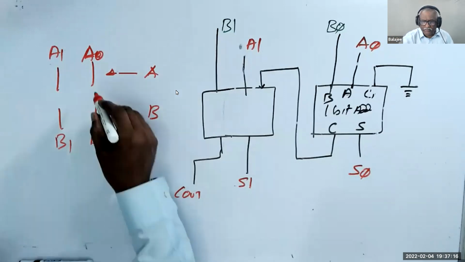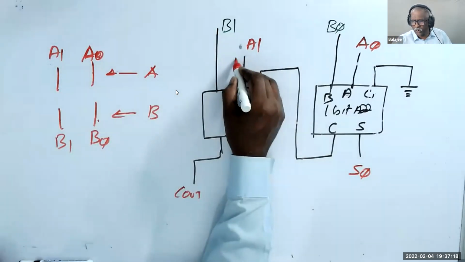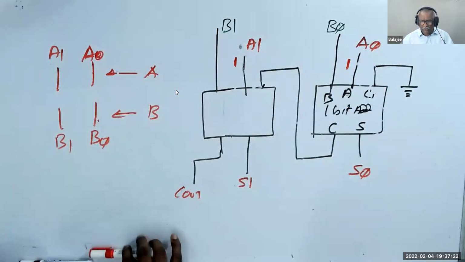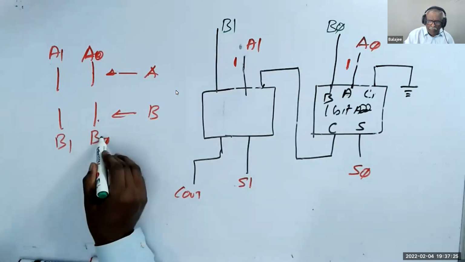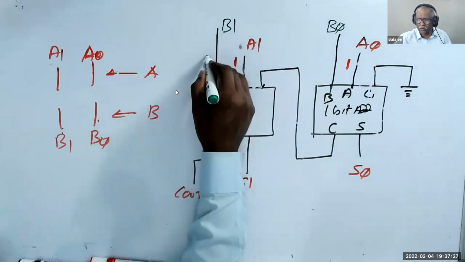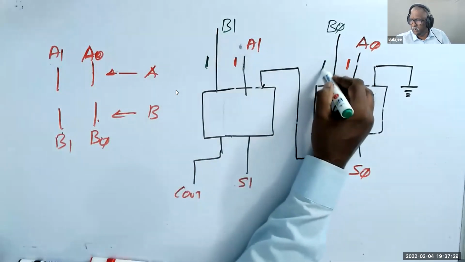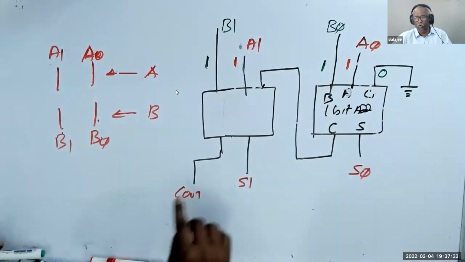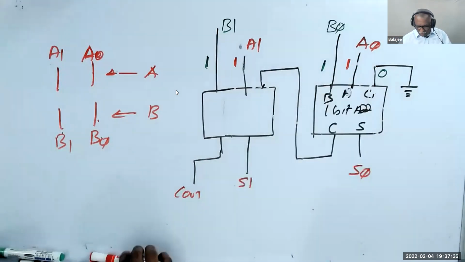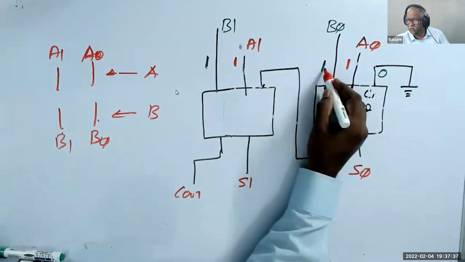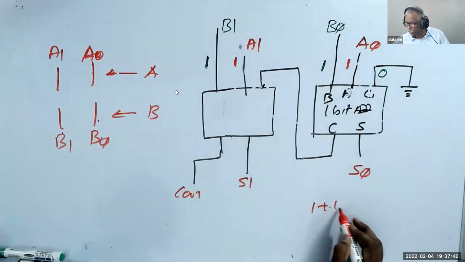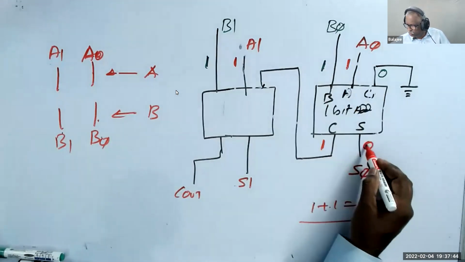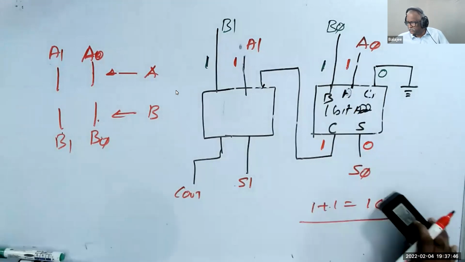So this becomes 1, 1. So this is 1, this is 1. And B0 is 1, B1 is 1. And this is 0 now because we grounded it. And this we don't know. When you add 1 plus 1, that is 1 0. So we get 1 here, we get 0 here. So sum gets 0.